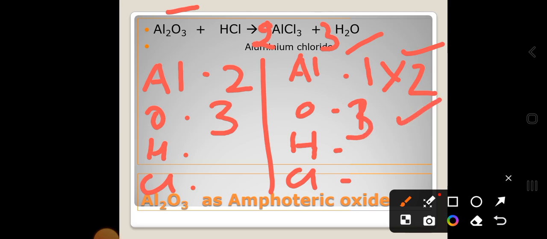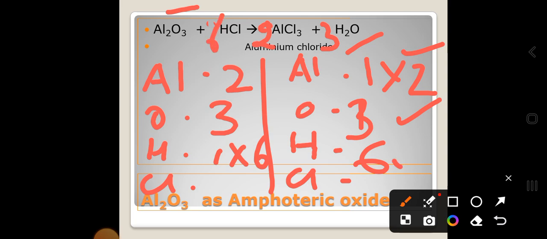Now coming to hydrogen. There are only one on the reactant side, and on the product side there are 6, since 3 twos are 6. So I will write 6 beside HCl.